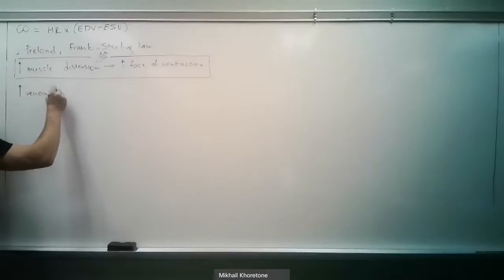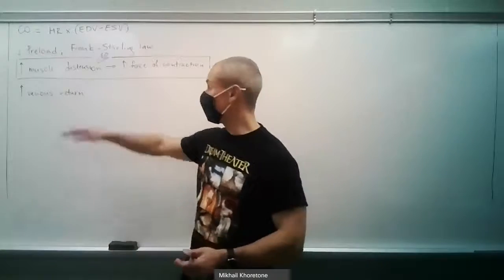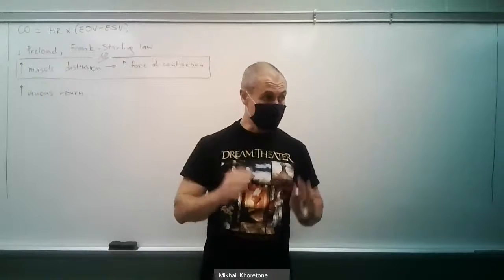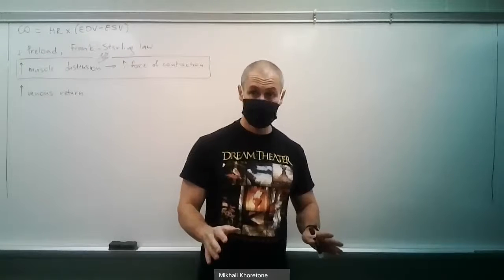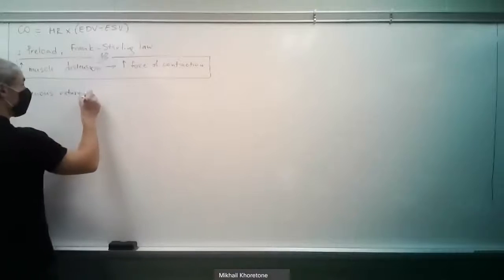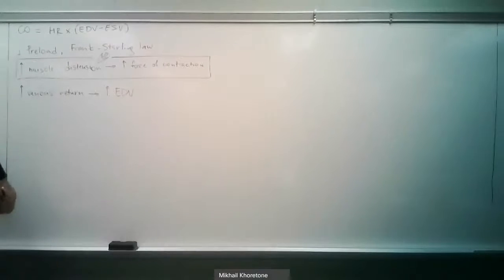Now, what is that? Imagine that you have a lot of blood, or higher venous return. Do you understand what it means when I say venous return? That's the blood that goes back from veins into the atrium. So you have higher venous return, which means higher end diastolic volume. Does that make sense?